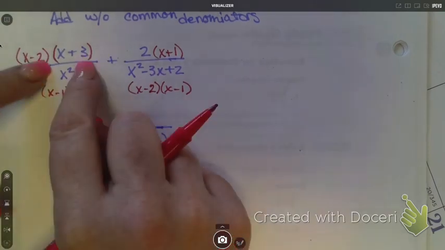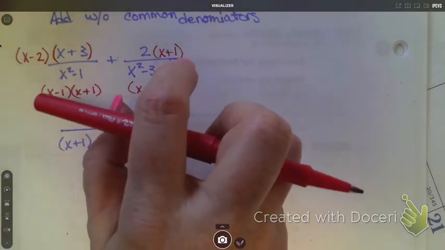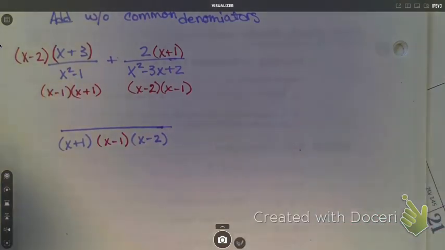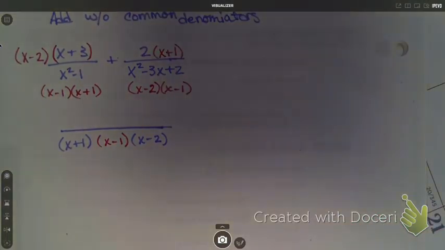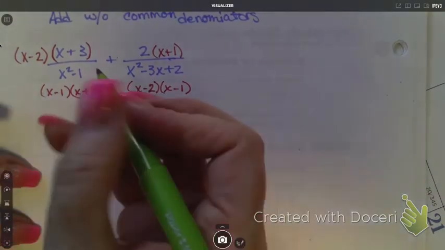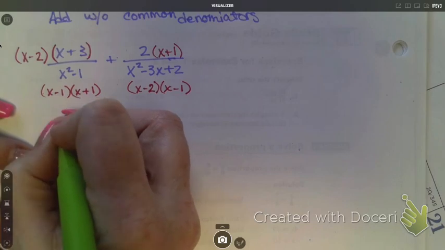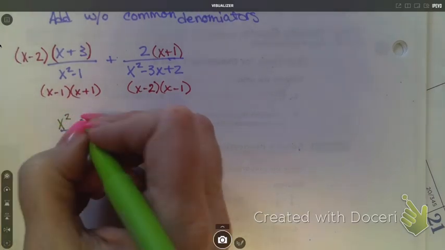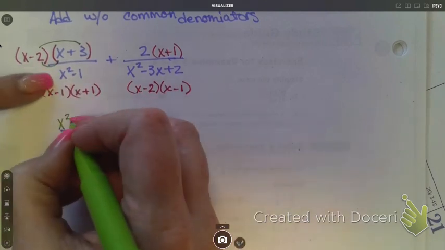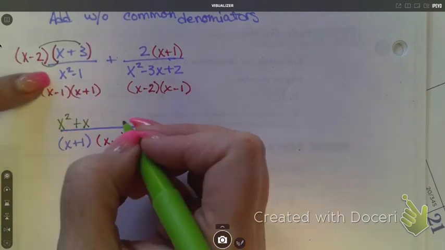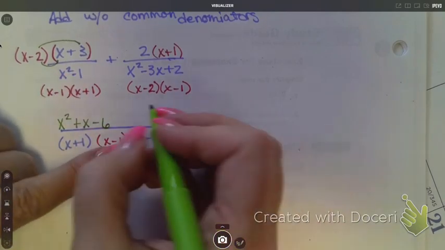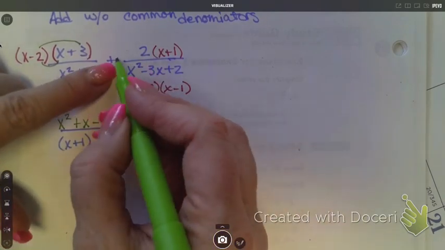So I have to FOIL both of these things, don't I? Yeah. X squared, then plus 3x and minus 2x, so that would be plus x. Minus 6. Then plus 2.